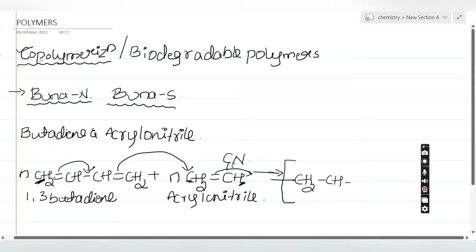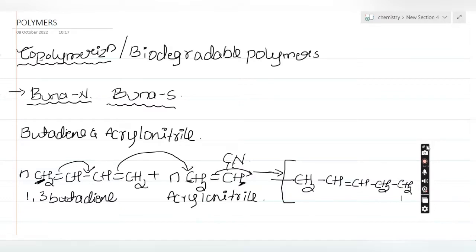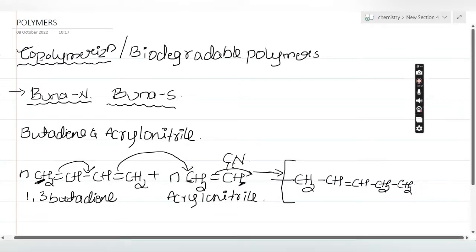We have a CH double bond CH, single bond CH2, and then we have CH2, then a single bond CH, and on the top of CH we have CN. So the chain repeats n times.